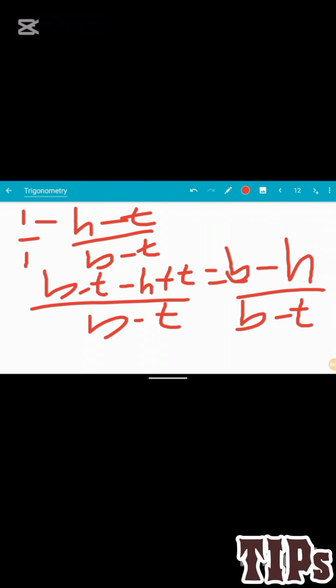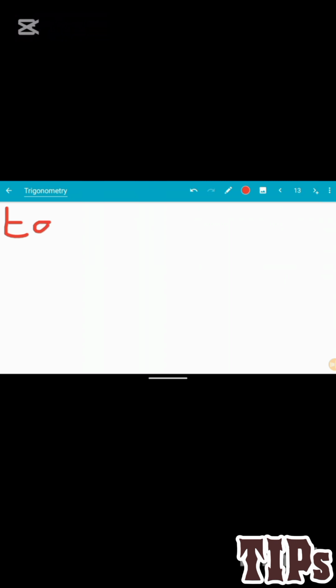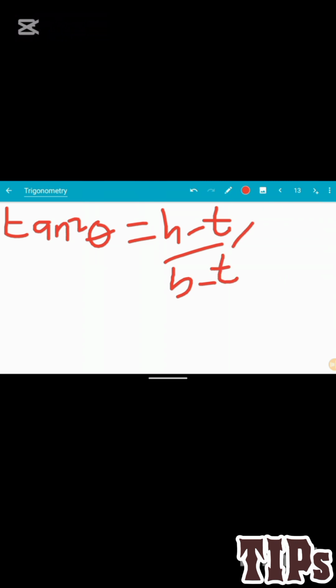From finding the tan square theta, our tan square theta is equal to h minus t over b minus t multiplied by b minus t over b minus h.